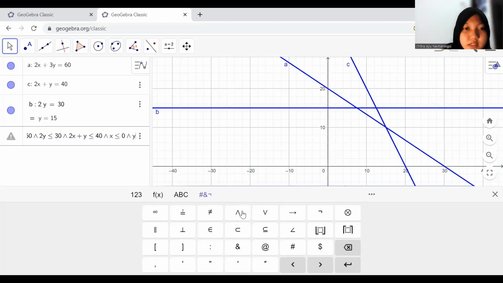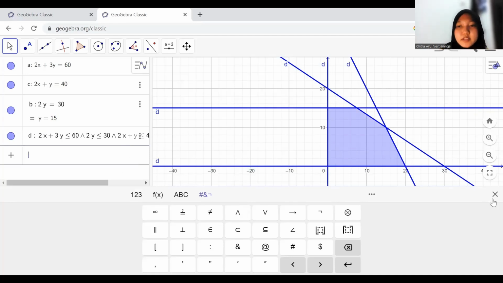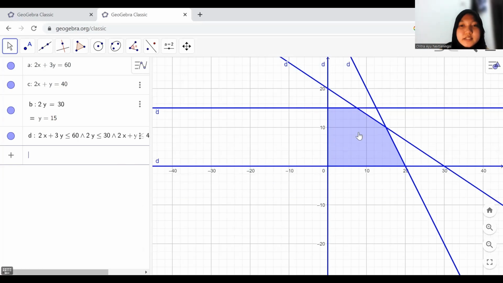I'm sorry, y greater than or equal to 0. x greater than or equal to 0. Okay, and this is the feasible region.